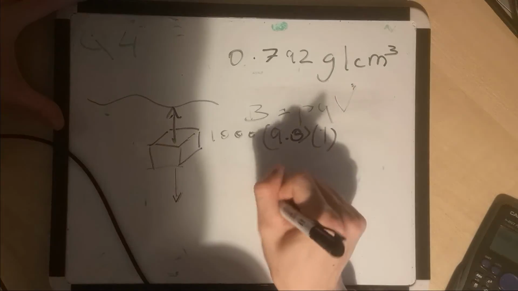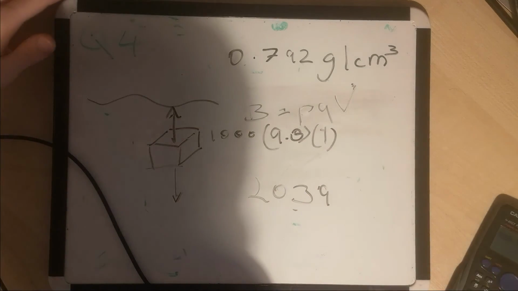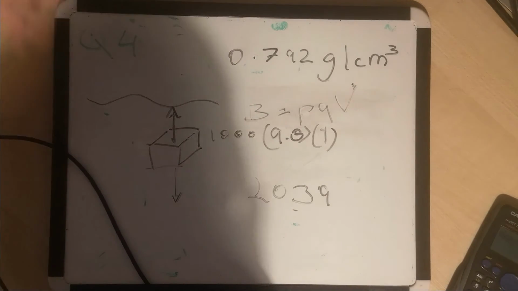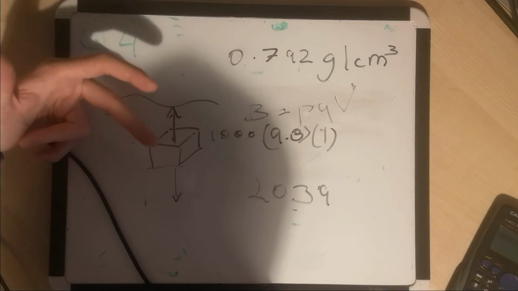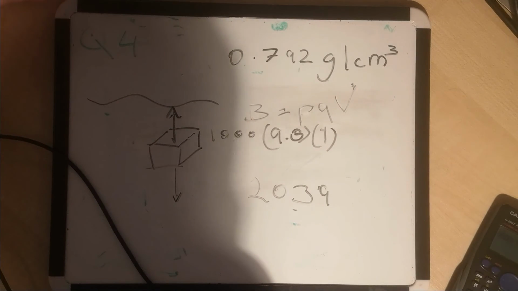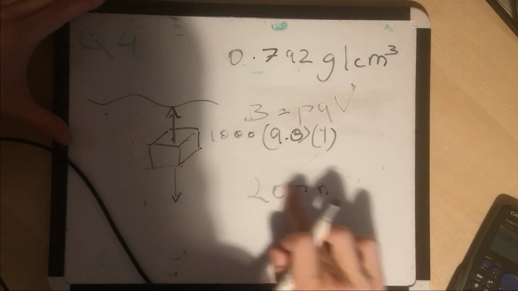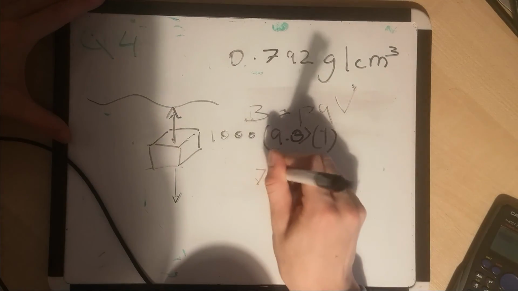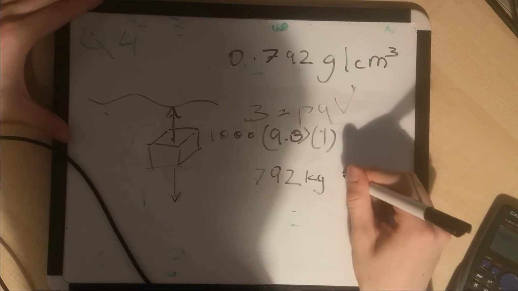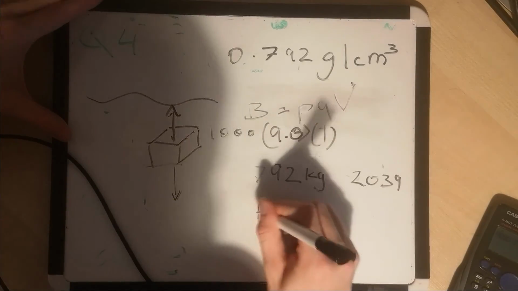Subtracting gives us 2039 newtons upwards. Now we have a force and a mass, which we made easy by setting the volume to a meter cubed: 792 kilograms.